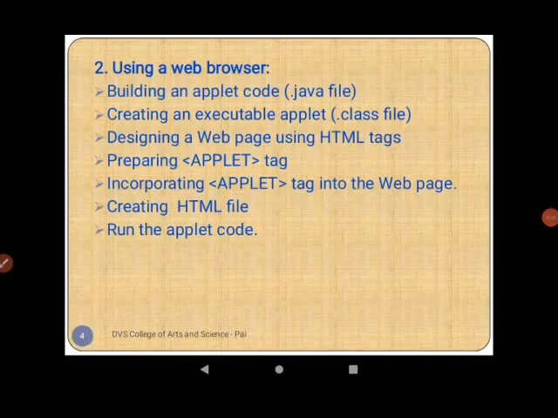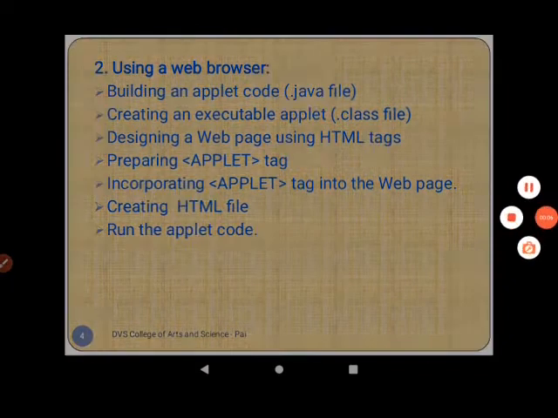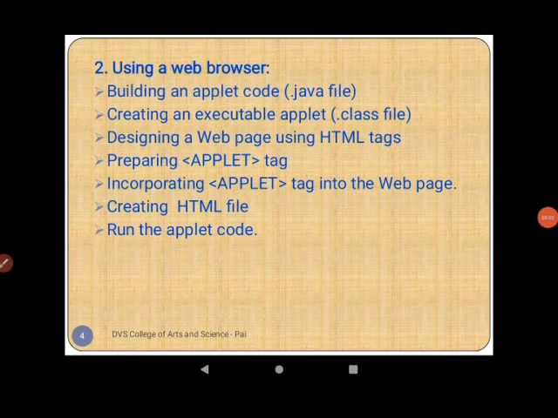Second method is by using a Java enabled web browser. Here also we need to create a Java file with applet code. Then we need to compile the file using javac compiler and create an executable applet, that is .class file.